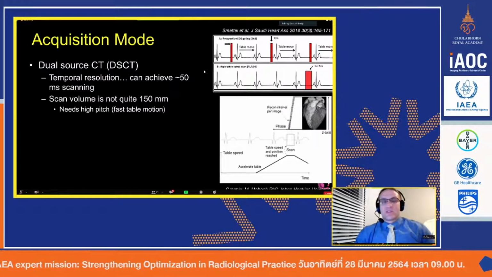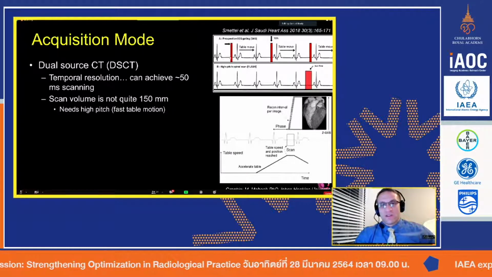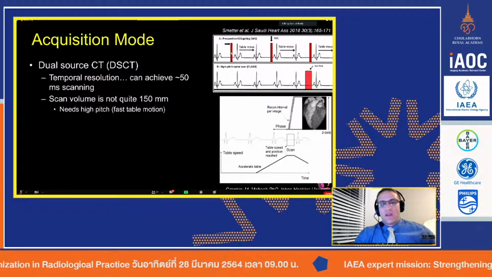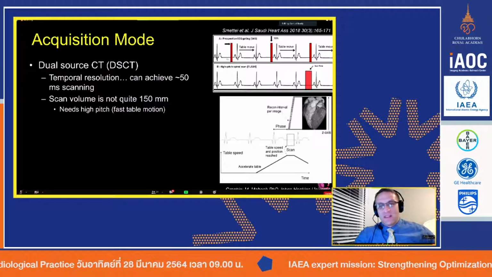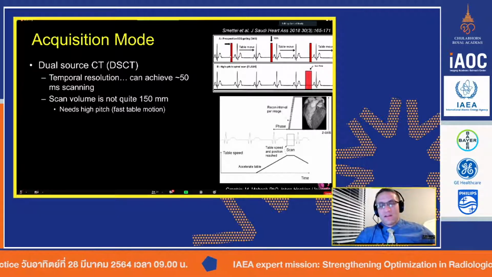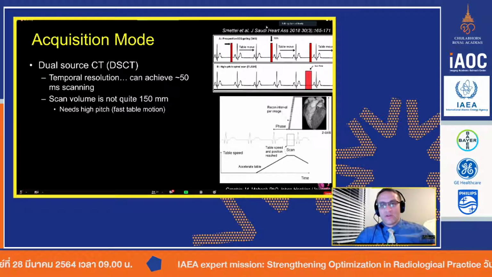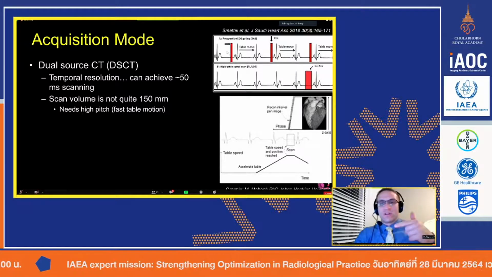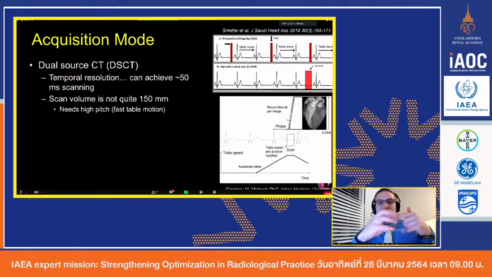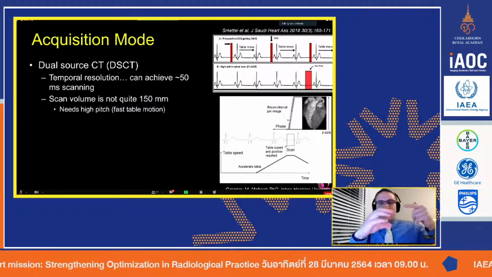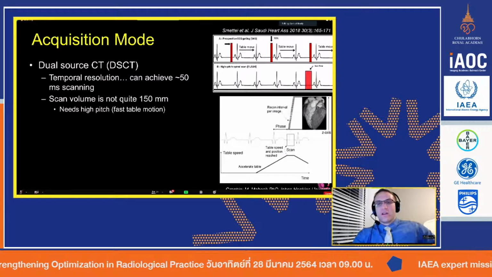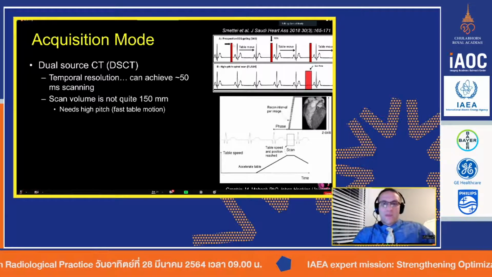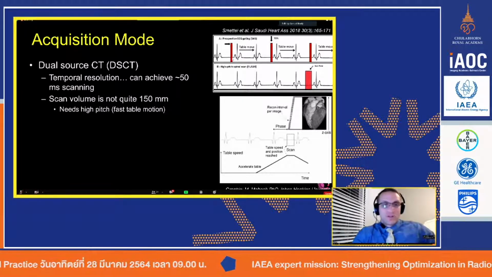In a traditional case, if you have this diastolic region right here that we're going to acquire all of our images in, to collect all the data in that part, you might have to pass over it 2 or 3 times as you collect multiple helical runs. So the heart is there, the body's moving, it's going to acquire, acquire, acquire. And then you've collected all that data, and that phase of the diastole, you're good.